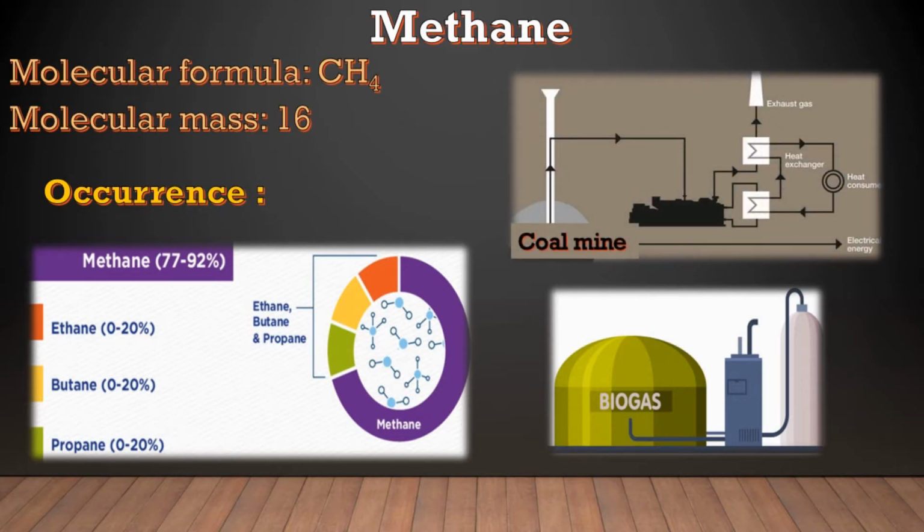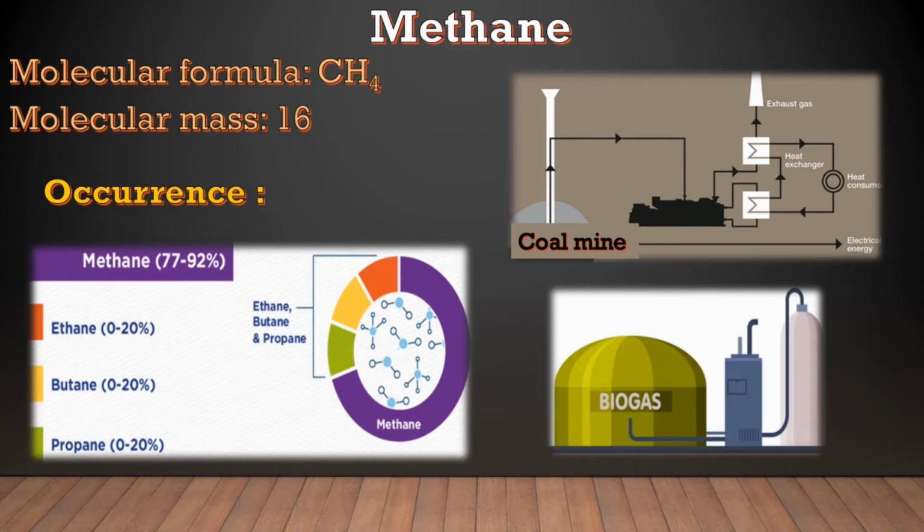Methane is emitted from a variety of natural sources. Human activities that produce methane include fossil fuel production, biomass burning, and waste management. These activities release significant quantities of methane to the atmosphere.